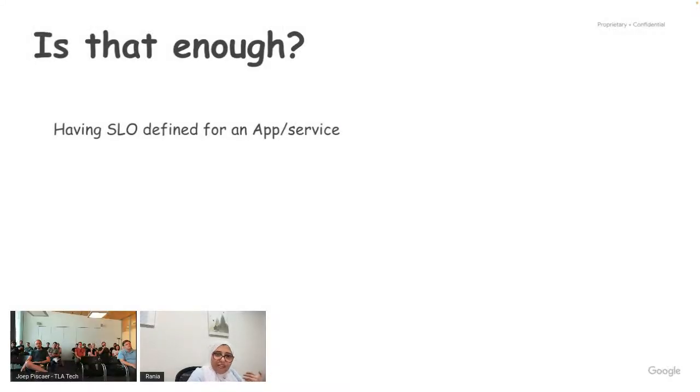Is that enough? I mean, is having SLO and SLA enough? No, the answer is no. We need more than that, because SLO and SLA are just the foundation. A lot of people think of SLA and SLO as being about reliability, availability, resiliency, and response time, but it's not only that.